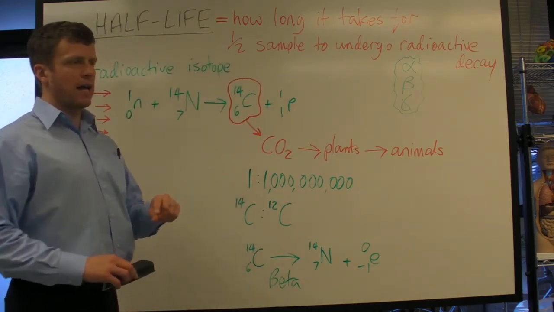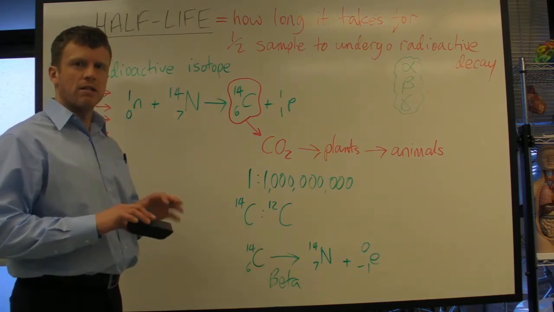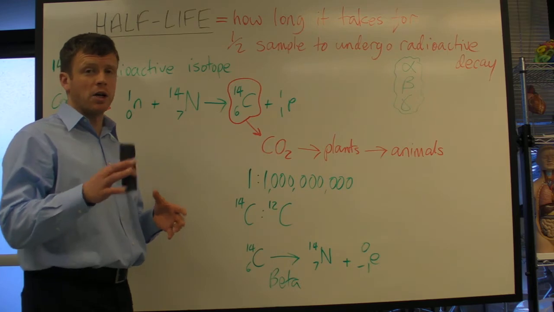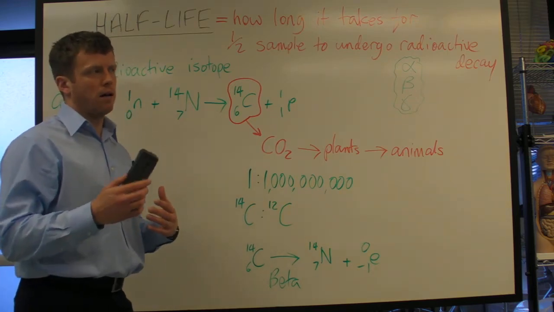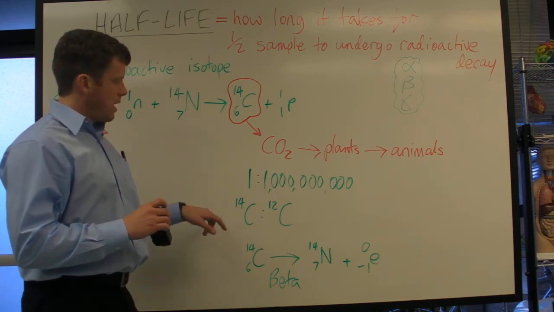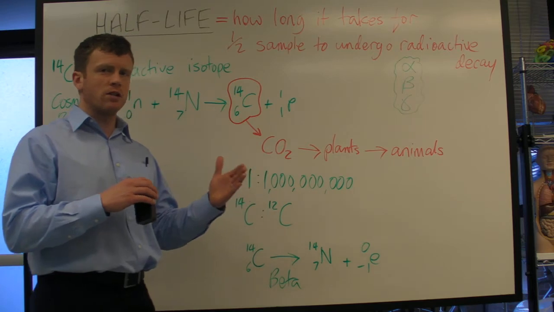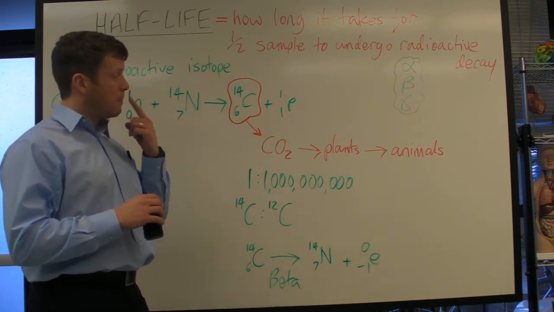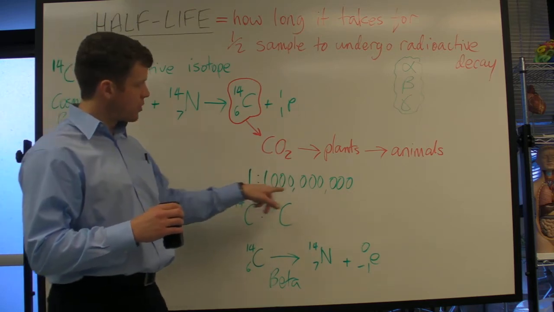Oh, one last thing to say. Varying sources, depending on the level of Geiger counters or other measurements you use to detect radioactive material, say carbon dating is really only good for about 50,000 years, and in some cases 100,000 years. There isn't enough to detect because the ratio is so tiny.